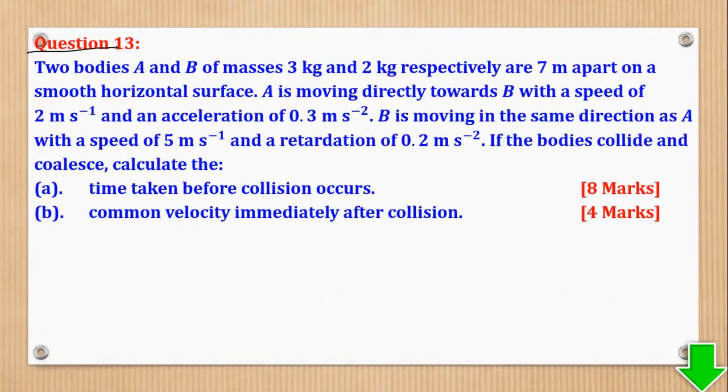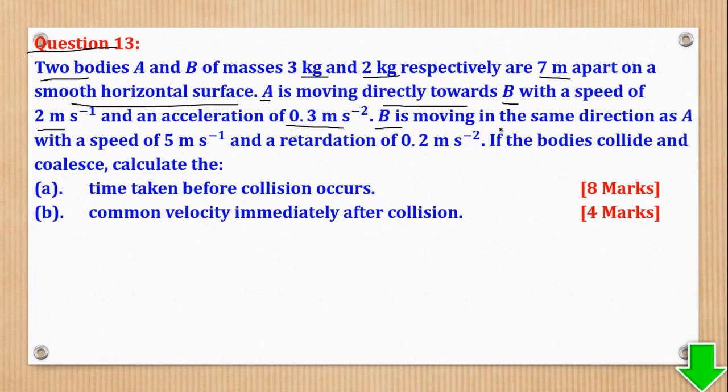Then question 13 says, two bodies A and B of masses 3 kg and 2 kg respectively are 7 meters apart on a smooth horizontal surface. A is moving directly towards B with a speed of 2 meters per second and an acceleration of 0.3 meters per second squared.